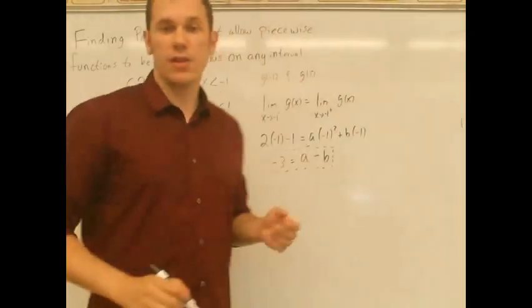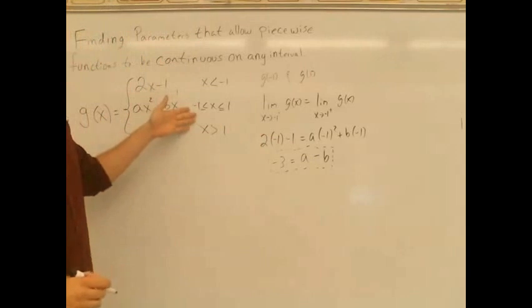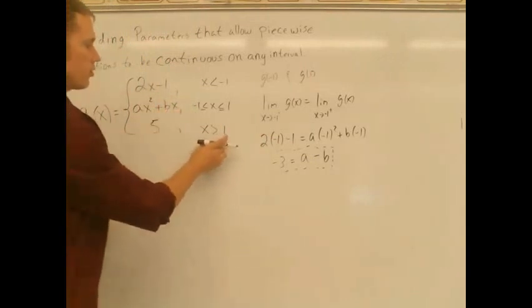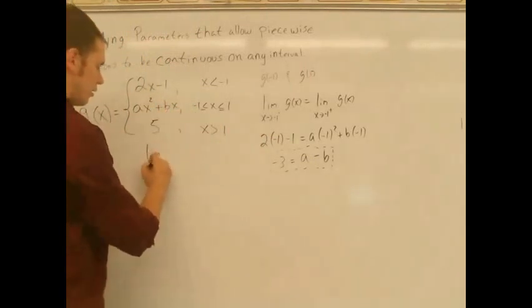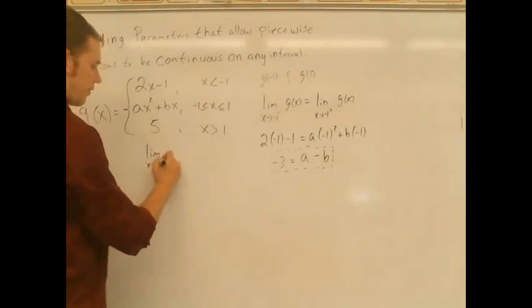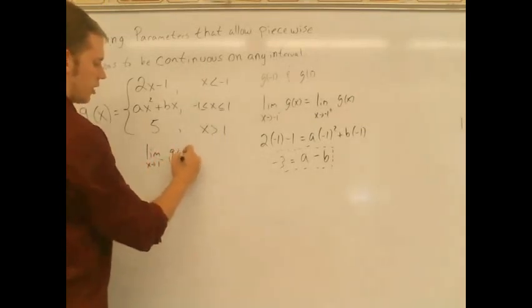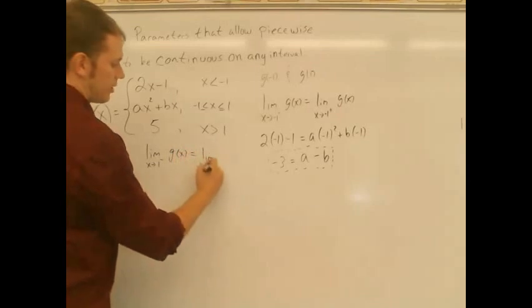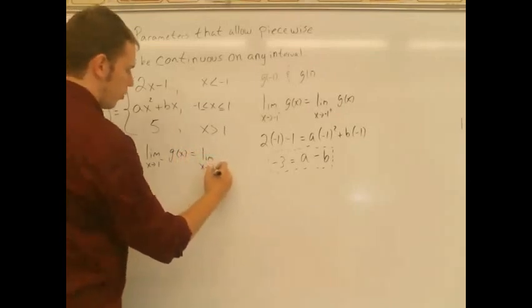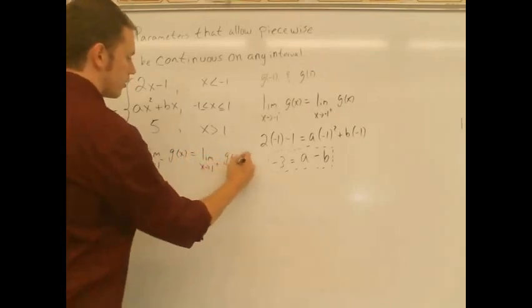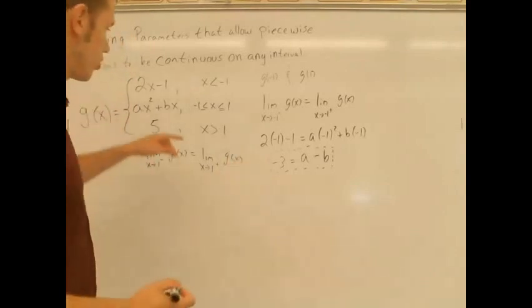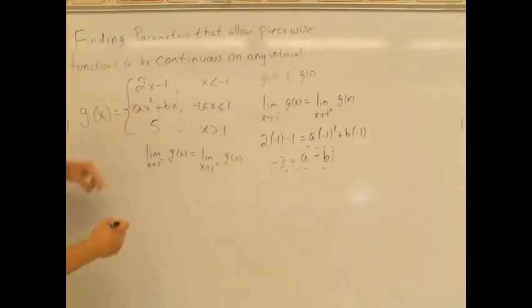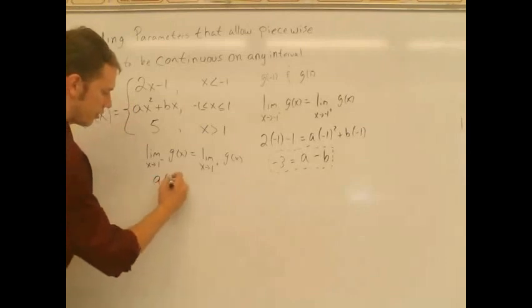And now we are going to focus on the second part, where the limit as x goes to 1 from the left side of the function is going to equal the limit as x goes to 1 on the right side of the function. To make that happen, we're just going to plug in 1 into the bottom 2 equations.